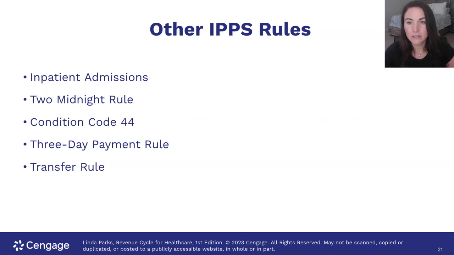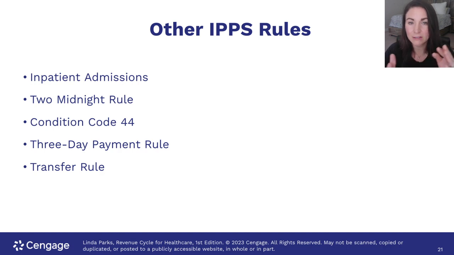There are other CMS rules that can impact IPPS payments. So revenue cycle managers have to be aware of these as well. Okay, the inpatient admissions rule says that only doctors or licensed practitioners can admit a patient to the hospital. Sometimes after admission, the utilization review process shows that the patient shouldn't be an inpatient, so they can change their status to outpatient.